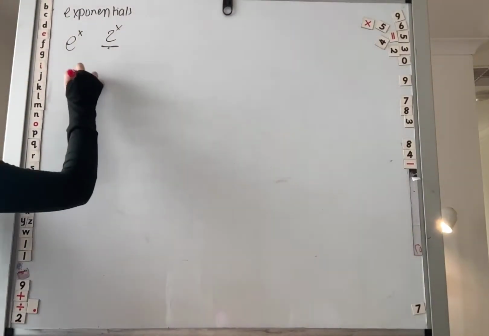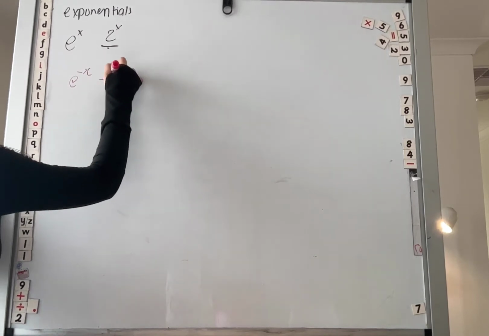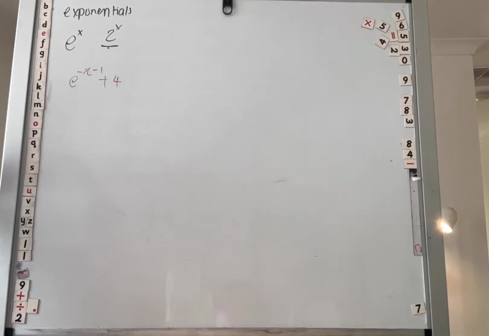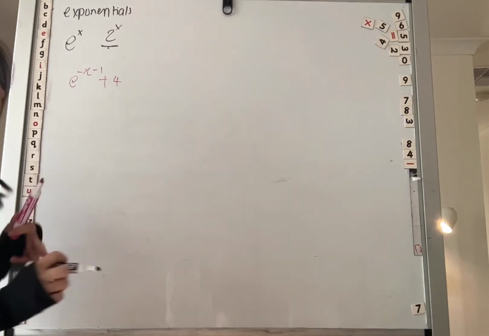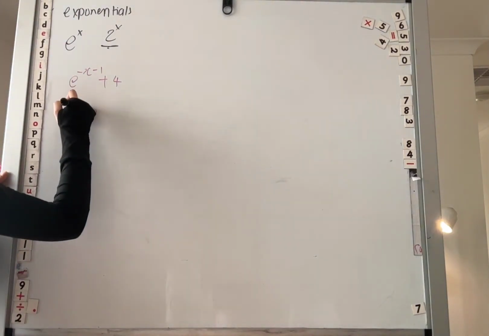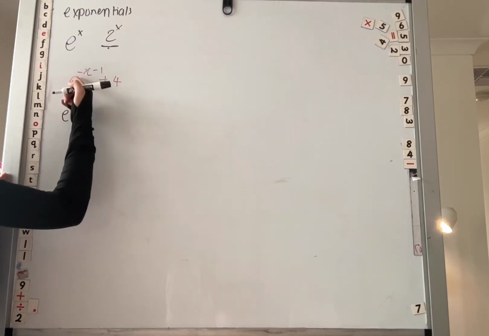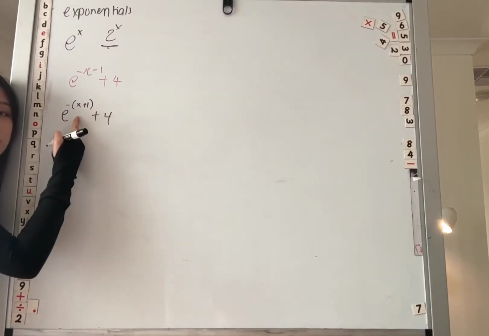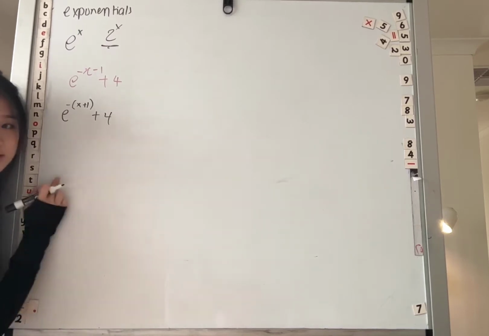So if I were to tell you to sketch e to the power of negative x plus 4, and then there's like a negative 1 here. What I would do is, now you're starting to think in terms of translations, I will get it into a form that I understand by getting x by itself. Always get x by itself. So take out the negative, x plus 1 plus 4. So this is inside the function, therefore I'm dealing with translation within the x-axis, right?